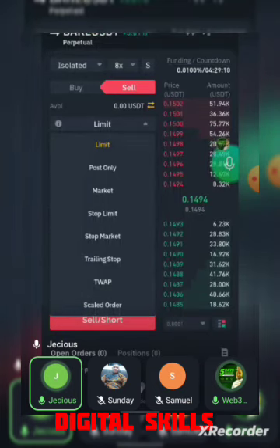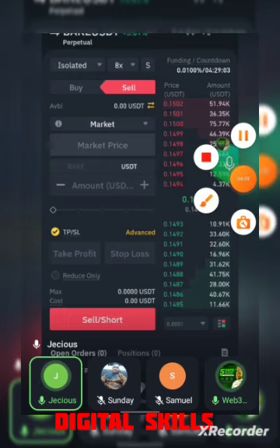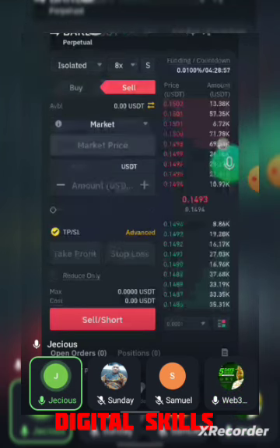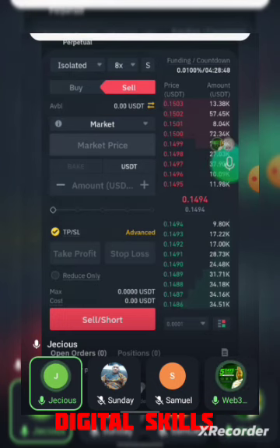So, if that is the case, the second thing we'll be talking about is the market. Change the limit to market. I've done that. A signal comes and says long whatever coin at CMP.